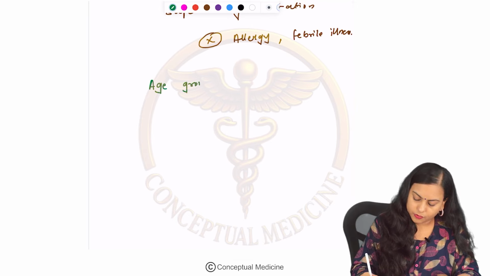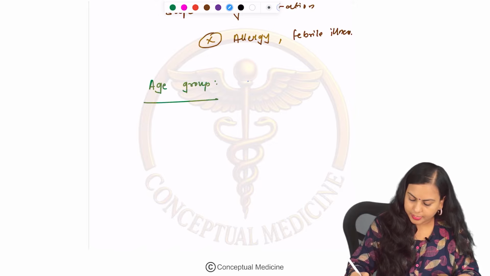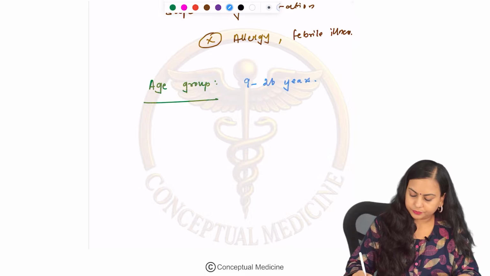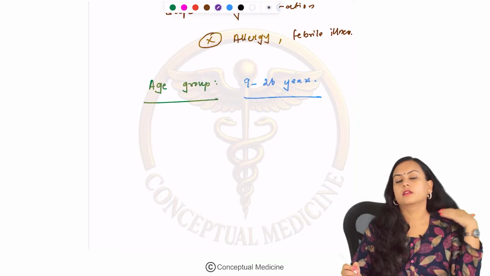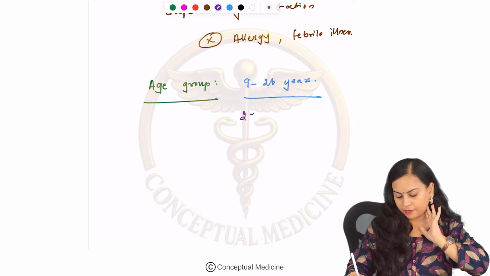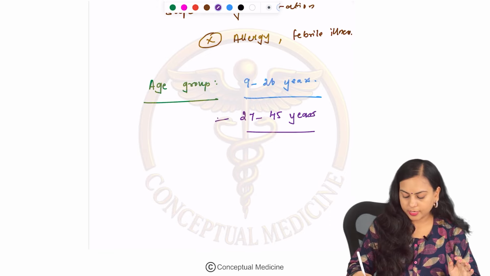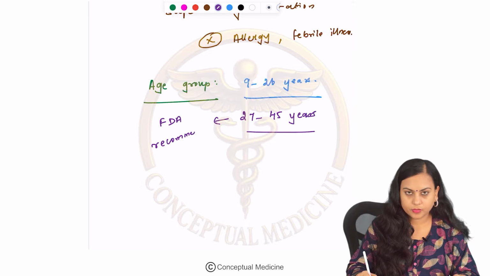The age group for HPV vaccination is ideally between 9 to 26 years, but we can even give it from 27 to 45 years also according to the FDA recommendation. Okay, right.